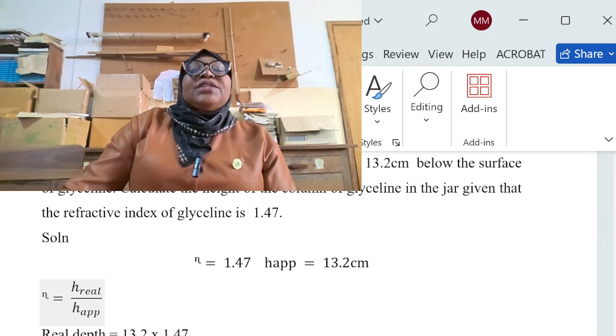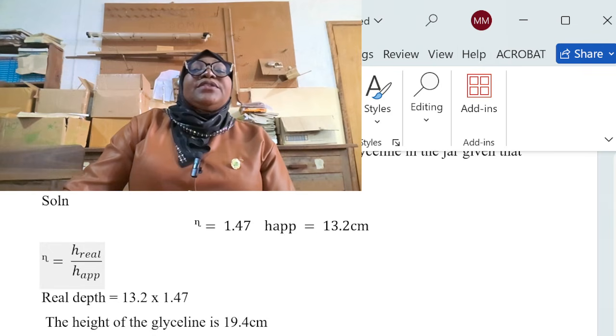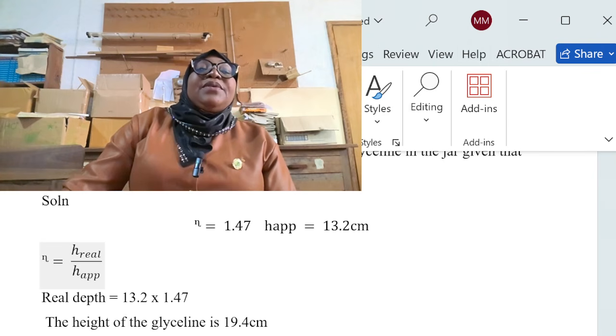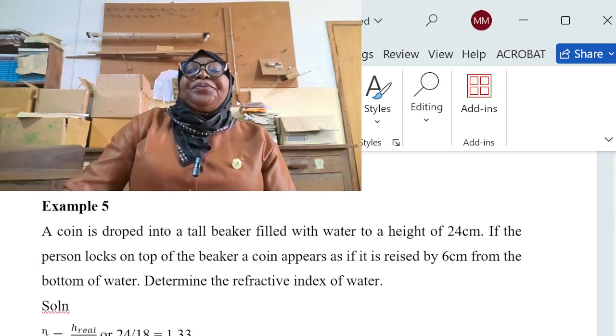In this case, we are given the refractive index and the apparent depth. So the real depth over the apparent depth is equal to the refractive index. By using the relationship, the real depth is equal to 19.4 centimeters.